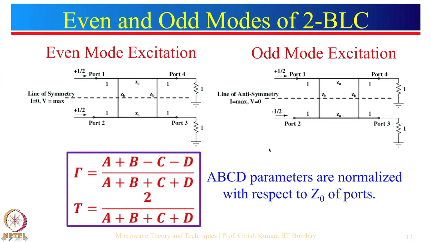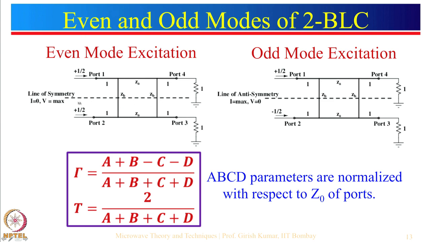So now let's go step by step. Here is the even mode excitation and the odd mode excitation. Here this is the line of symmetry. For even mode, it's written here plus half, or you can say 1, and then you later divide by 2. When we give the input plus, along this particular axis, if the voltage is the same here, there will be no current over here.